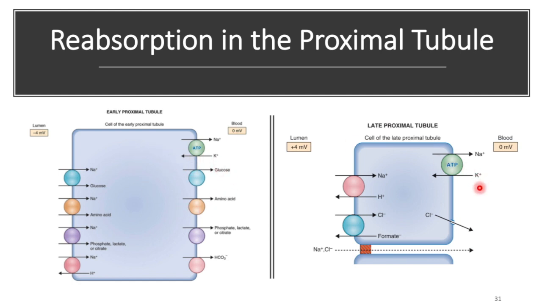So when it reaches the late proximal tubule, it does not contain any more glucose and amino acids. But on the other hand, it has a high level of sodium chloride. So chloride is reabsorbed via paracellular pathway, via diffusion, or transcellular pathway via chloride-formate anion exchanger.